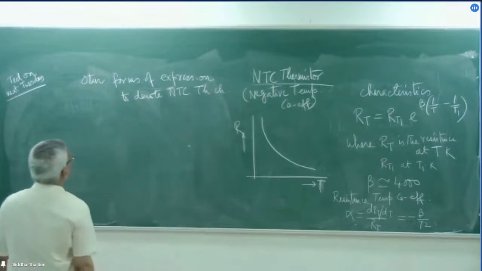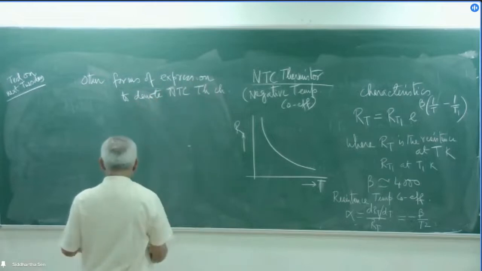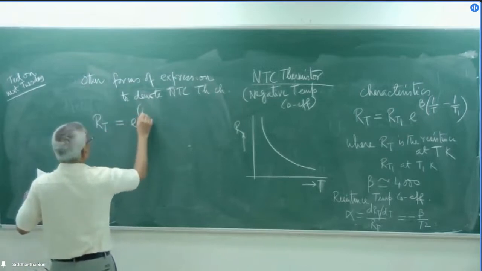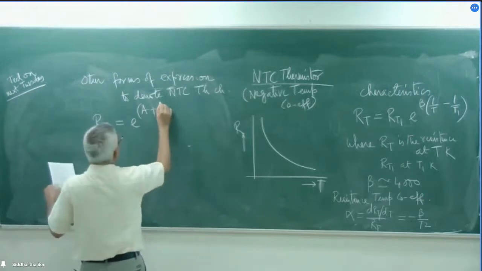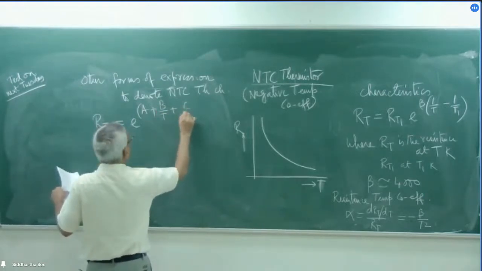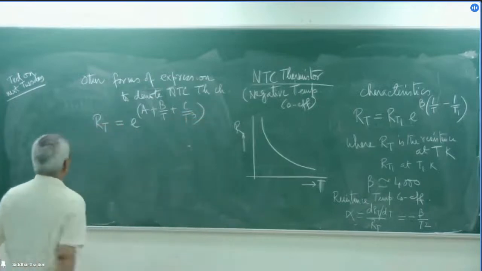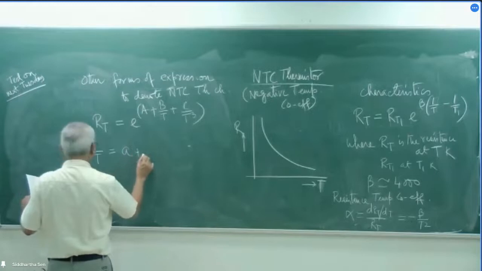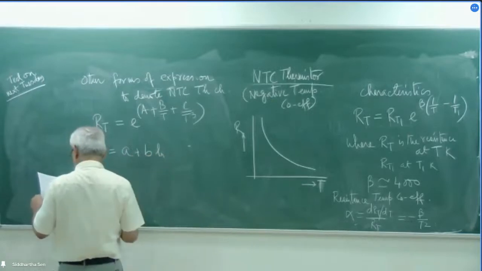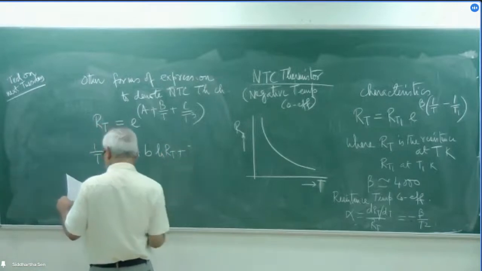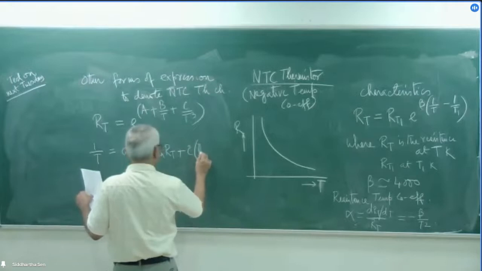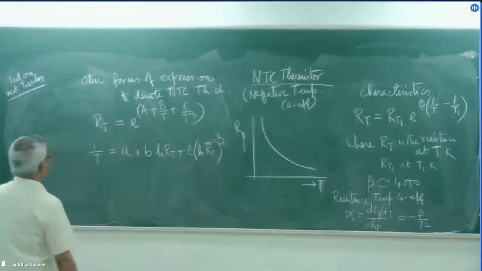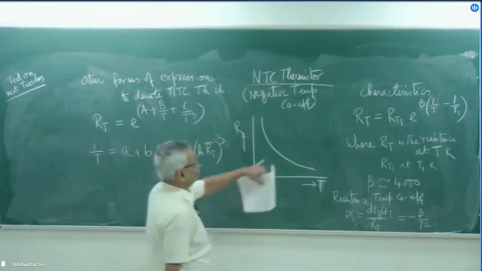To denote NTC, they are sometimes expressed in this form: RT is equal to e to the power (A plus B divided by T plus C divided by T cube). Sometimes they are also expressed as 1 by T is equal to small a plus small b log natural RT plus C log natural RT whole cube.